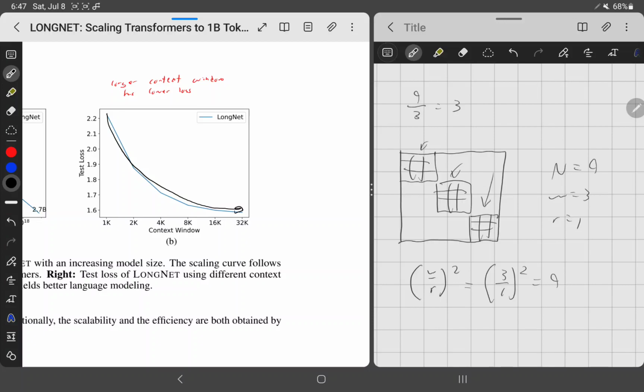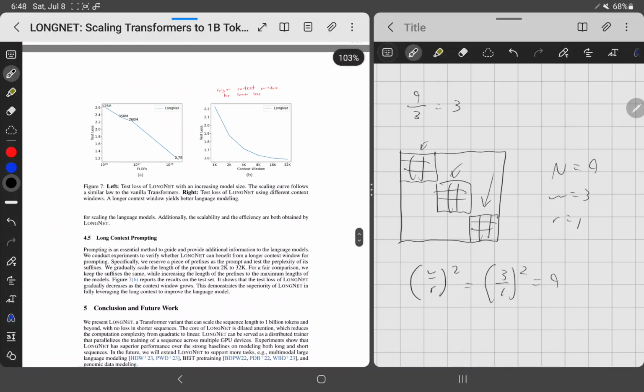You don't need full rank attention to have the scaling laws that you see in normal transformers. As you scale the number of parameters, you usually see that it does a lot better, and in this case, you don't need full attention to have these scaling laws. You can have sub-quadratic attention and you still have these scaling laws. So it's very nice that we have the scaling laws even if you don't have full attention.